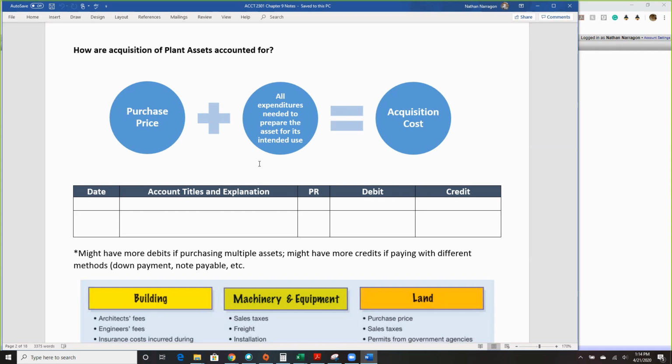It must be for that particular asset to get ready. So again, there's lots of costs that happen, but it has to be specifically tied to this asset. Don't worry, we got a list. As you can probably see some of it already on screen.